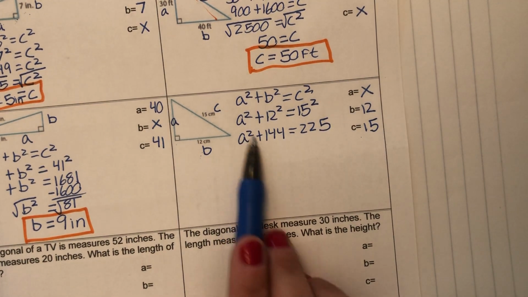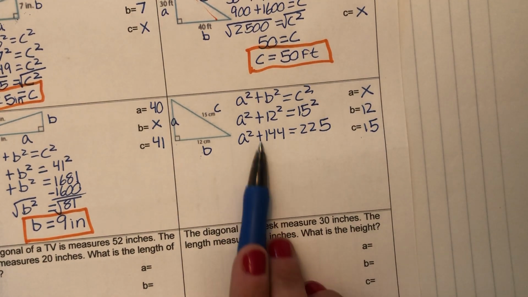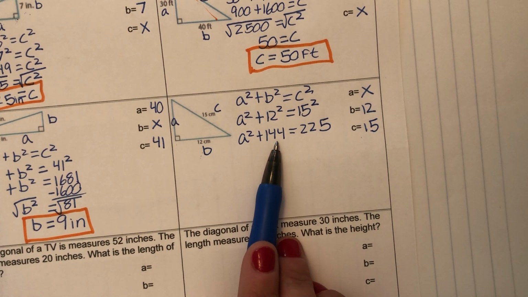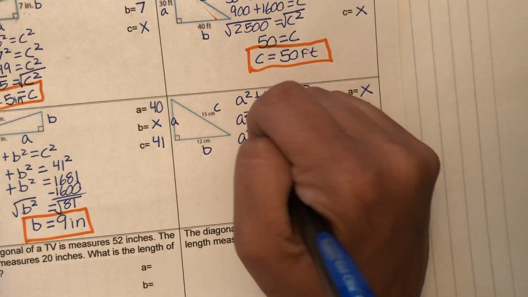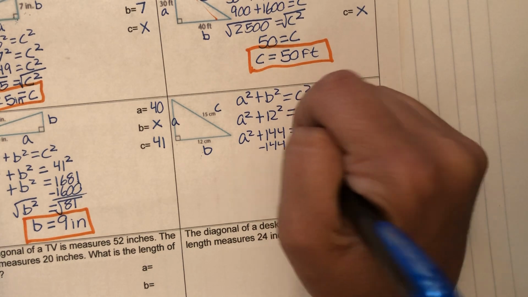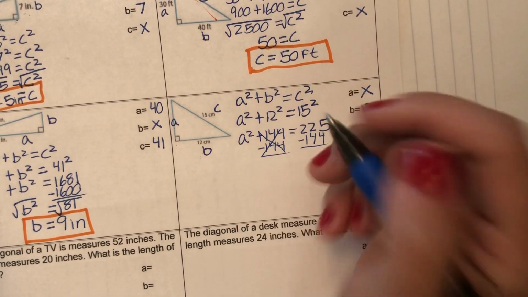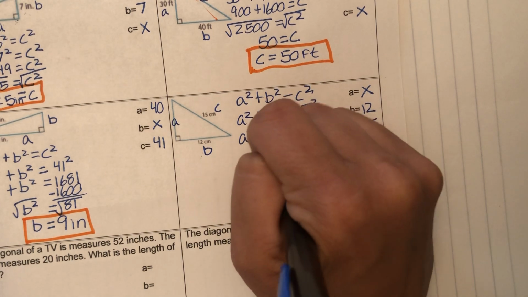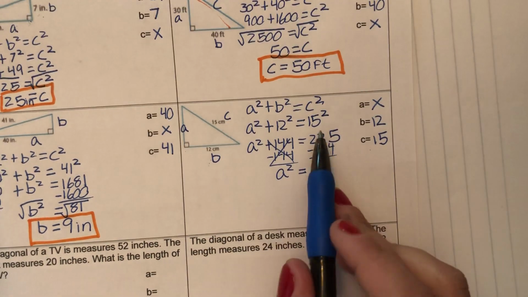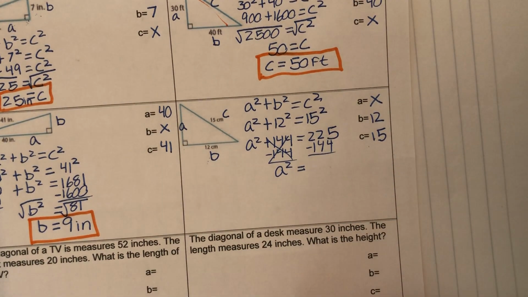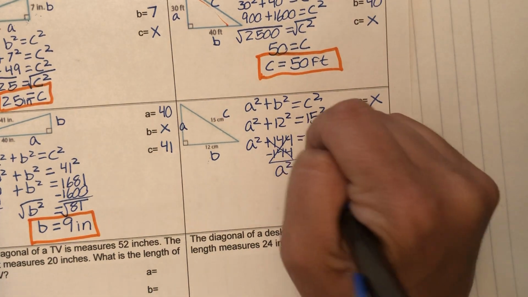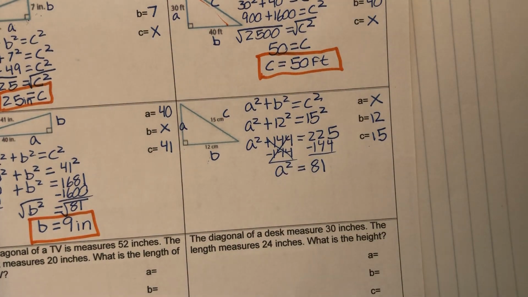And we're solving for the variable. We want to get A squared by itself. I need to undo this right here. So we're going to do the opposite. We're going to subtract 144 from both sides, because whatever we do to one side, we must do to the other. So we have A squared equals 225 minus 144 is 81. We are almost done.